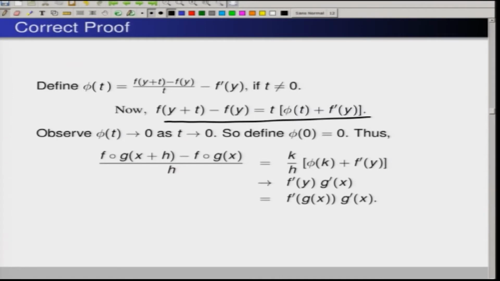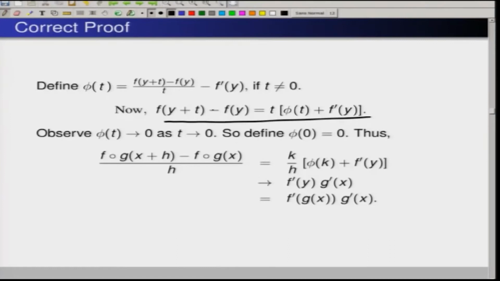What we have transformed by introducing the function phi is that f of y plus t minus f of y is, if t equal to k, k times phi of k plus f prime of y. And now this k by h goes to g prime of x, and then this is going to be f prime, I am sorry.